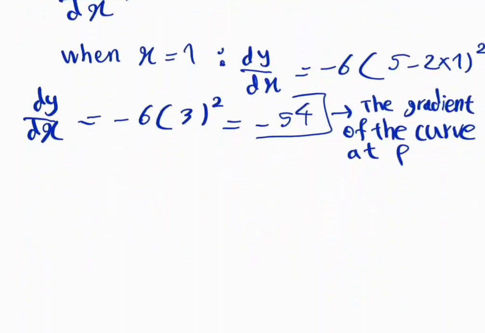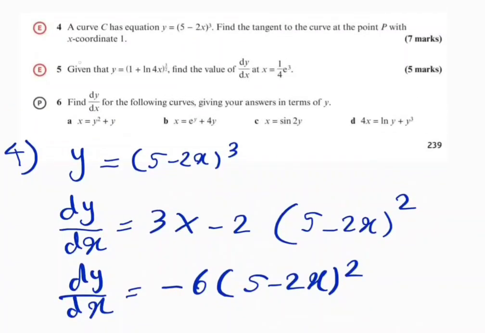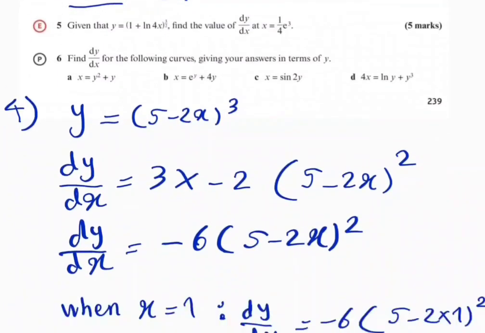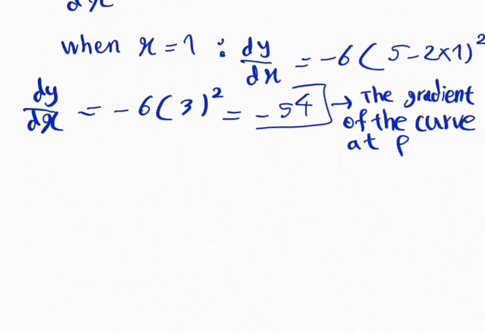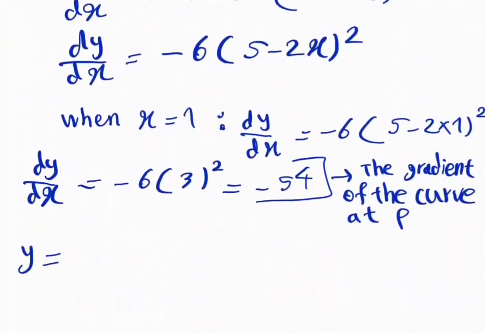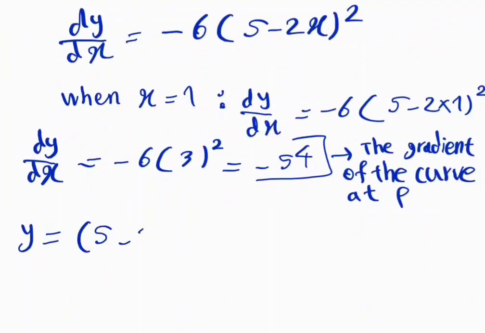Now the next step is working out the coordinates of point P. Remember that we only have the x coordinate, which is 1, but we don't know the y coordinate. So if you want to find the y coordinate of point P, we just need to substitute 1 into the equation of the curve. So y is equal to 5 minus 2 times 1 cubed.